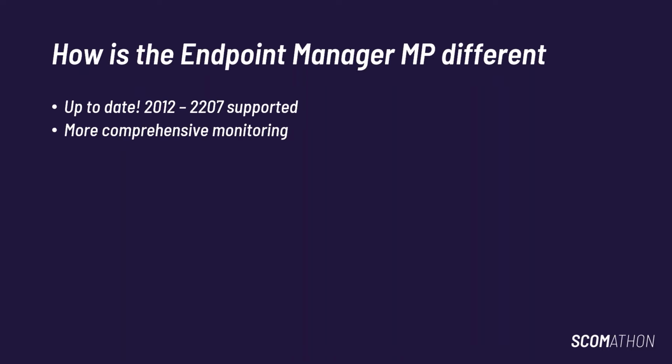So more comprehensive monitoring is another thing I wanted to bring in. This is where the older version of the management pack does make a lot of sense in how it's structured, because we have to take into consideration that SCCM is a very, very big technology.